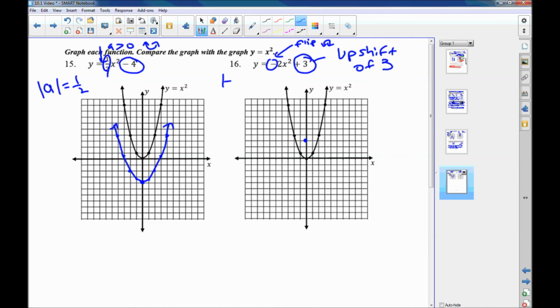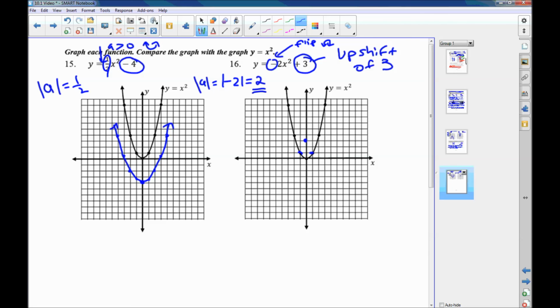And then the absolute value of negative 2 is 2, so that's our absolute value of a. This is going to make our graph stretched twice as much each time. Normally it would go over 1 and up 1, but since we're flipping it over, it's going to go over 1 and down, and it's going to go down twice as much, so it'll go down 2 spots.